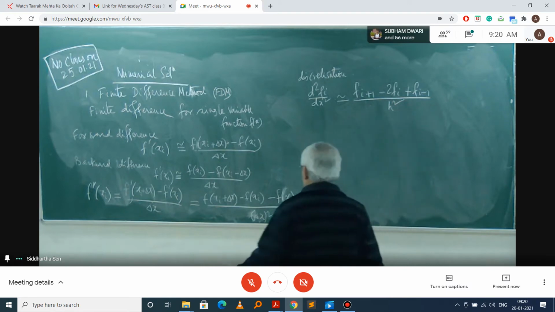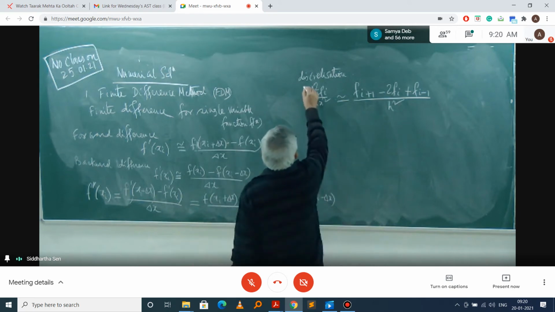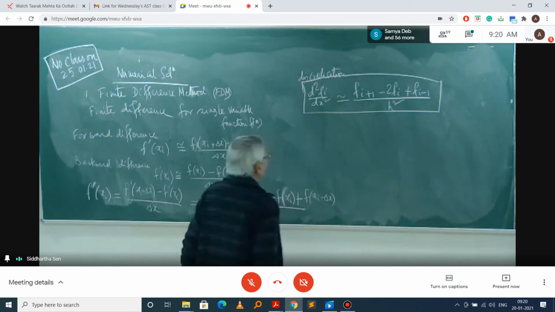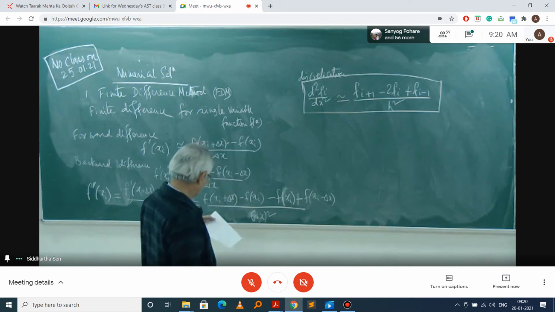I just say it is a small interval like this. This is for a function of this thing here, if we want to discretize it.